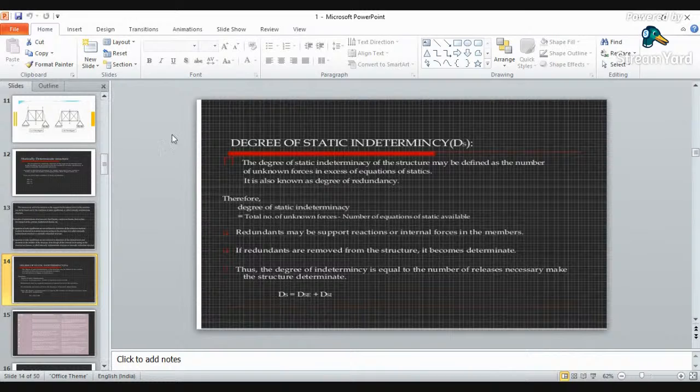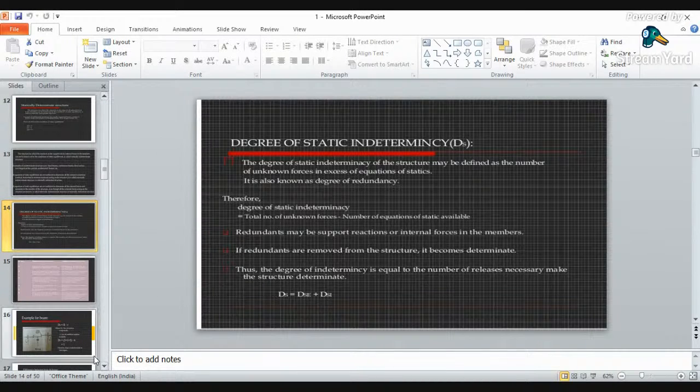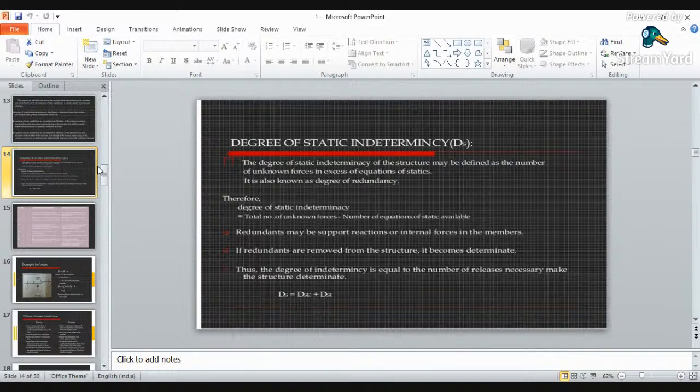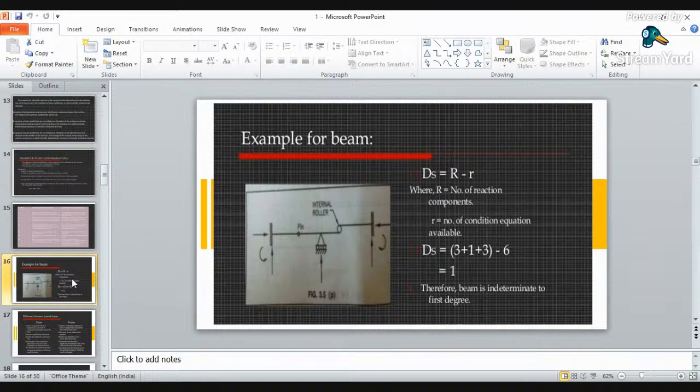Okay, then how to find out the degree of indeterminacy, that is, internal indeterminacy and external indeterminacy. If you have to find out the indeterminacy of the structure, it can be found by using the total number of unknowns minus the equilibrium conditions. We will go with this example.